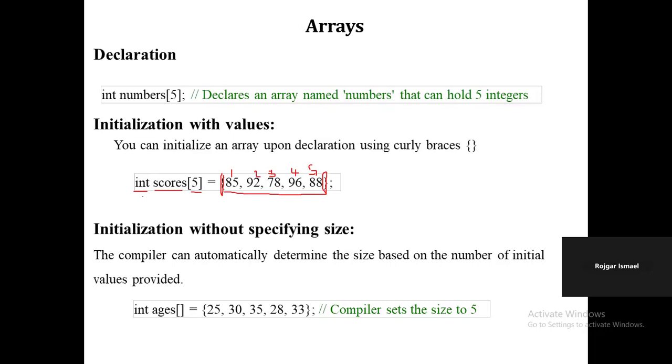The ages we have here are 25, 30, 35, 28, 33. This indicates 5 elements, so the compiler will automatically determine the size will be 5, as mentioned here.